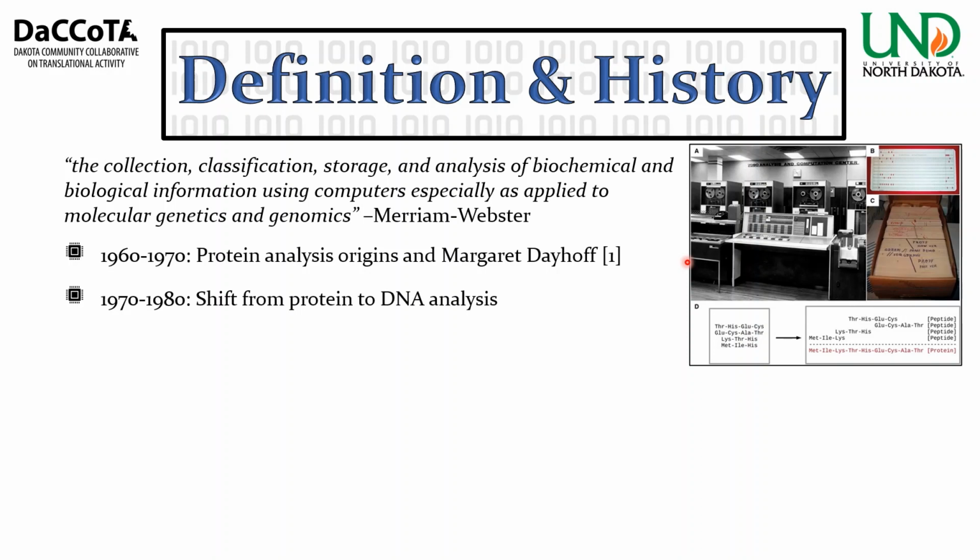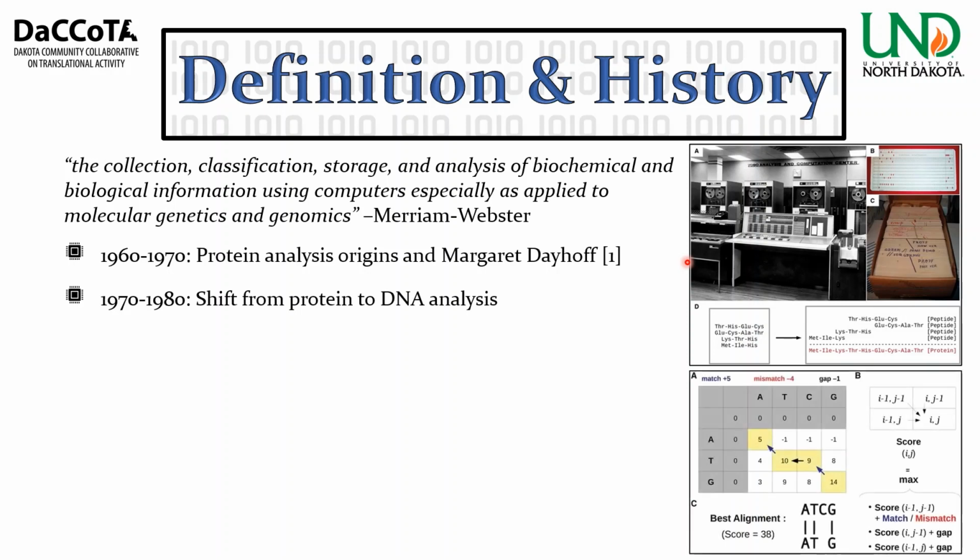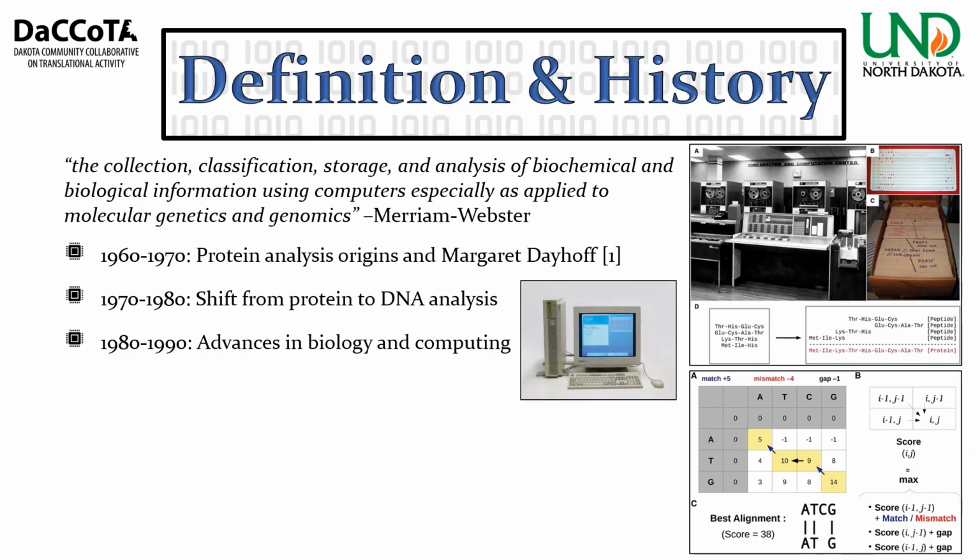And this is where a very important algorithm that's still being used today, as an example, the Needleman-Wunsch global alignment algorithm, where you're trying to align DNA sequences, a very common task in bioinformatics. As the 80s came into the 90s, there were certainly advances in biology and computing, so more could be done.